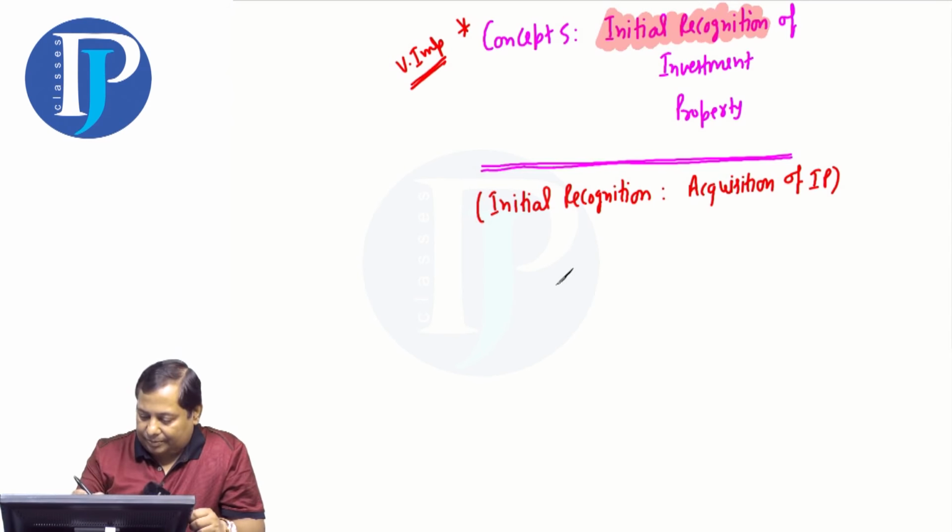Make a flow chart. Students, when we talk about initial recognition, we have 2 types of books in front of us.